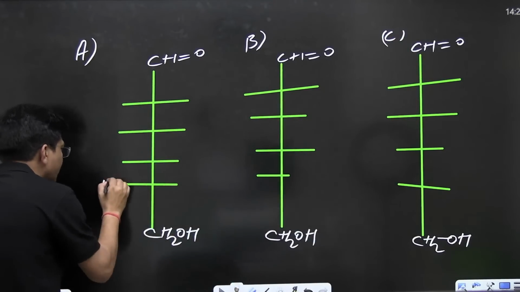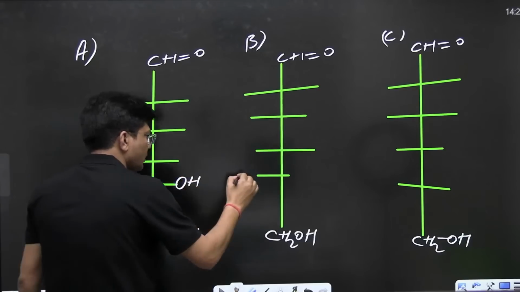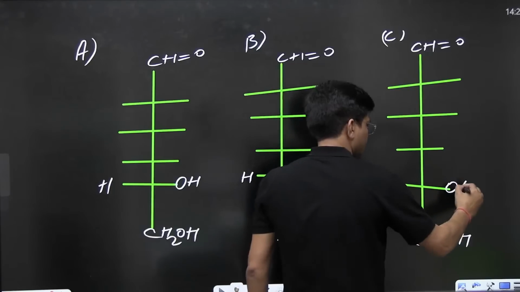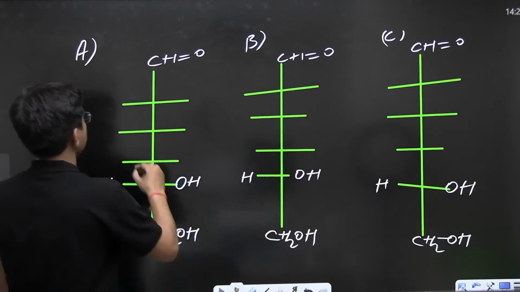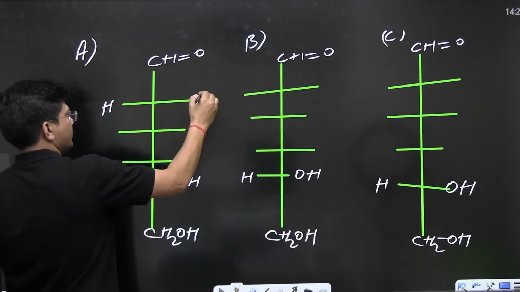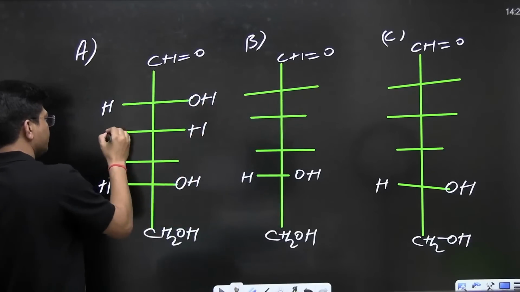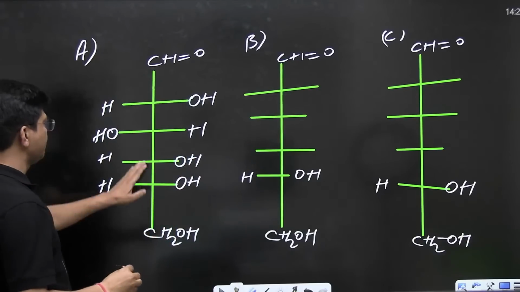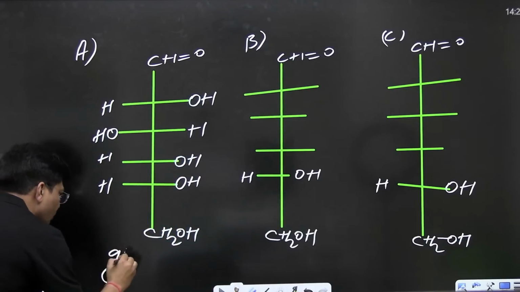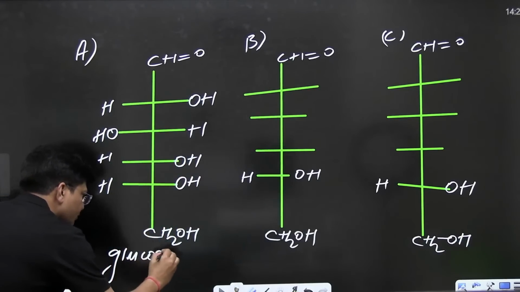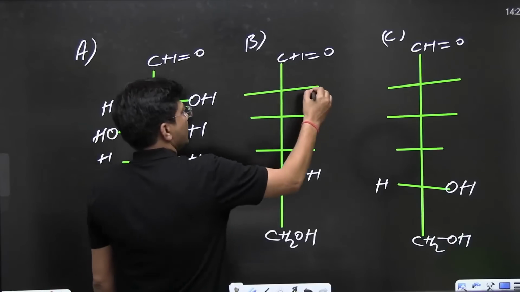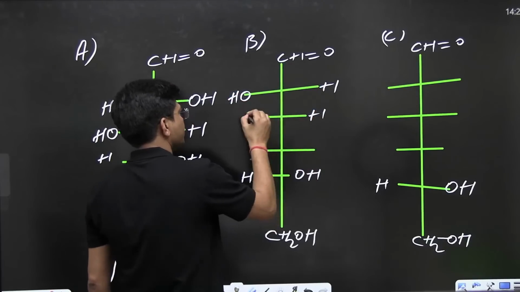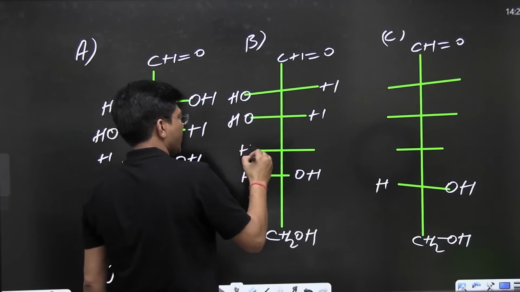Now let me put HOH, HOH, HOH. Till now they are having everything common. Now we know very well this is glucose. This too we know very well. Now HOH, HOH, HOH.